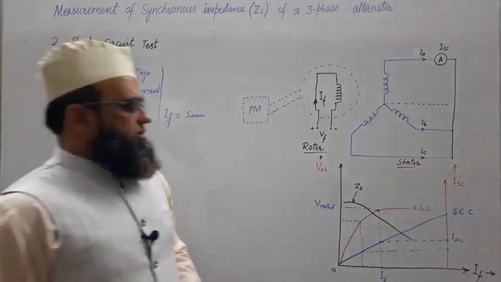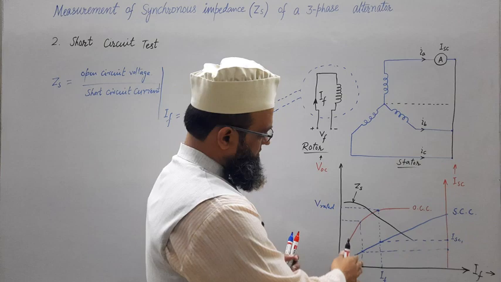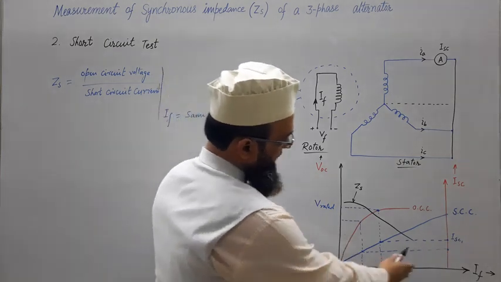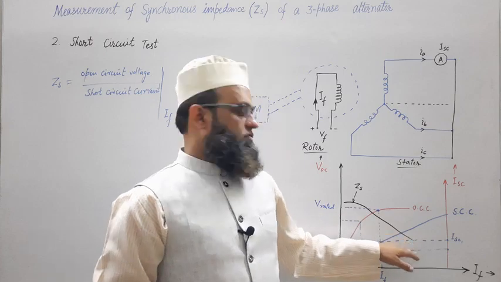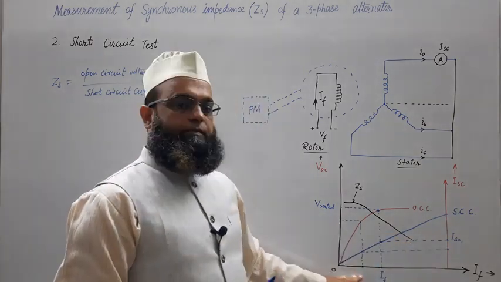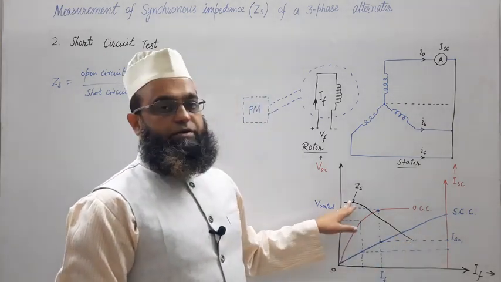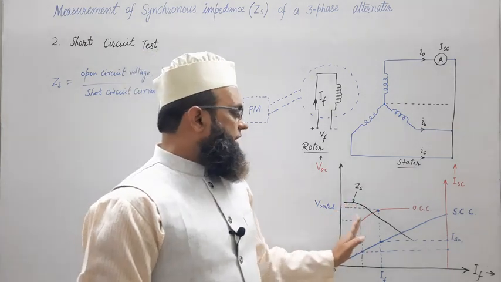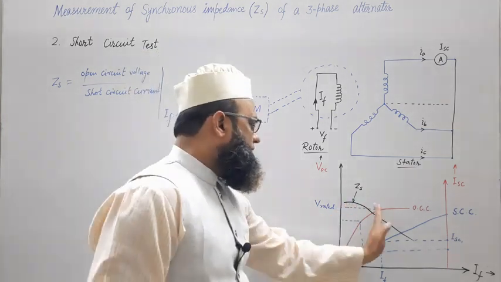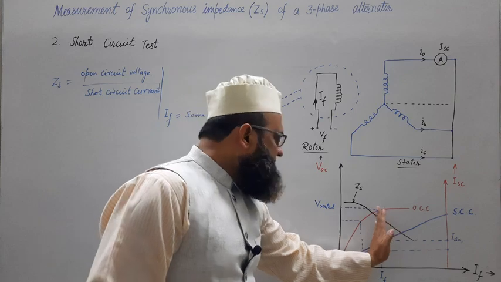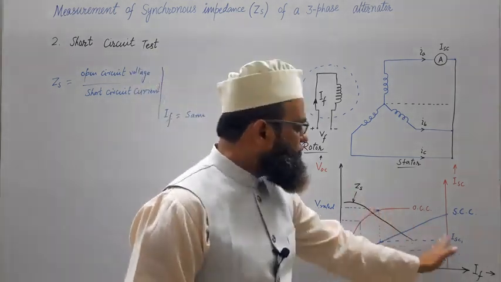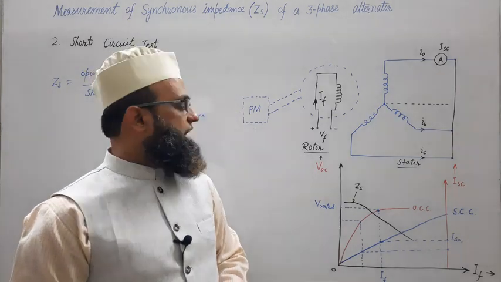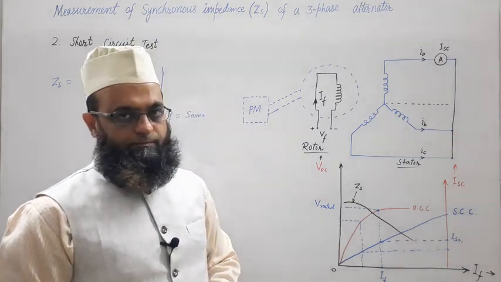So we can observe that for higher value of IF, ZS is lesser, while for lower value of IF, ZS is higher. So the value of ZS in the unsaturated region is higher than the value of ZS in the saturated region, as can be observed. Fine.